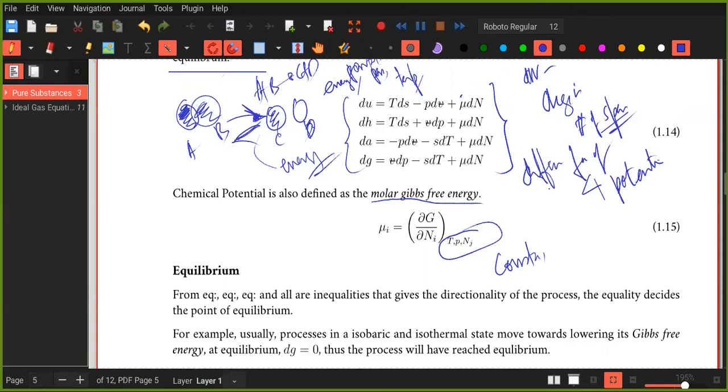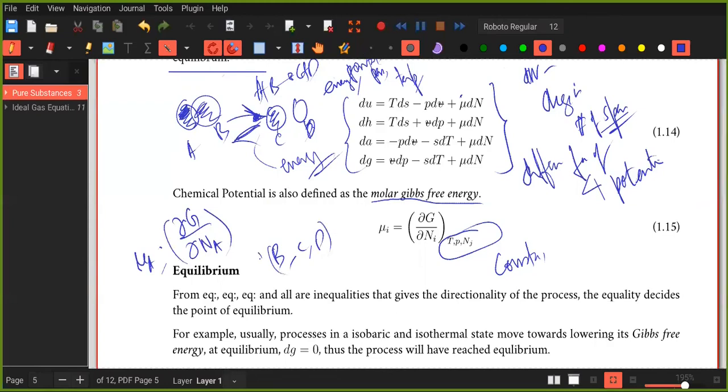So if we have A, B, C, and D, to find mu A, we fix the number of species of B, C, and D. So this will be dou G by dou Na when these are fixed and the temperature and pressure are fixed.